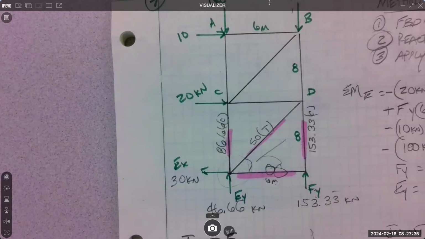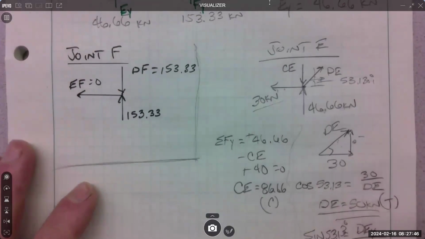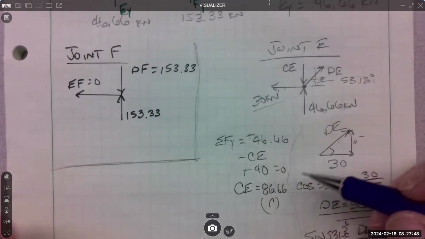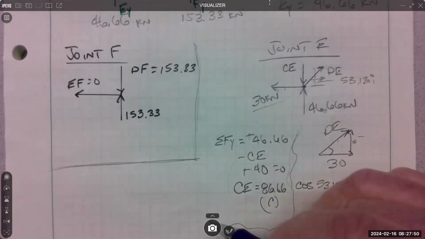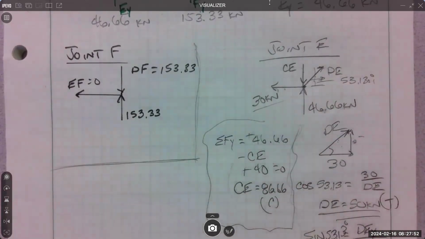Question? I didn't get the last part, when you were summing the forces in the Y. This one? Yeah. Plus 46, yeah, so that's this one.